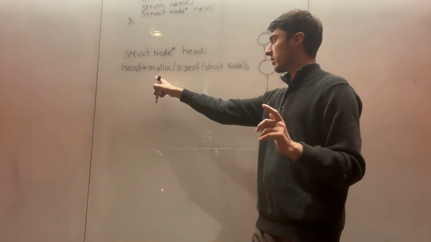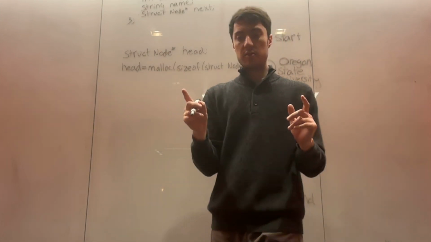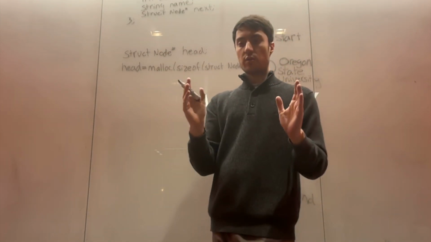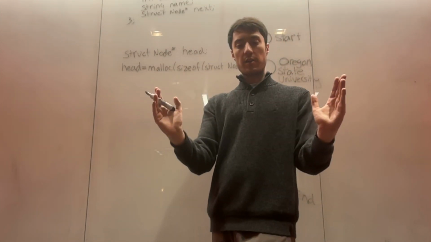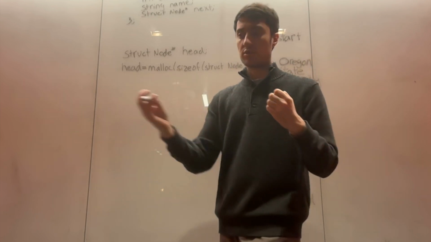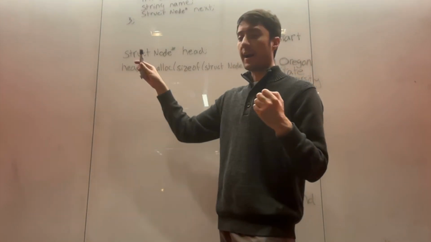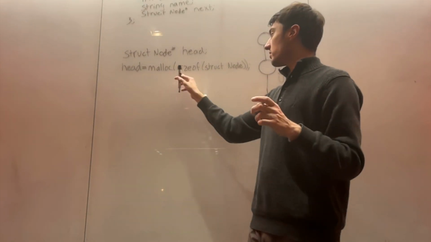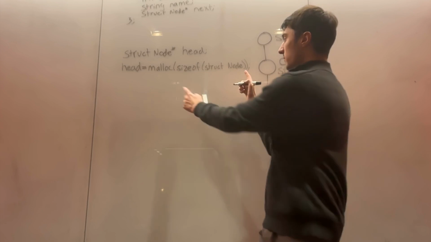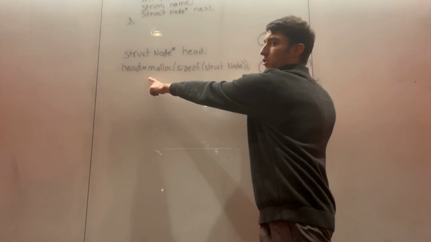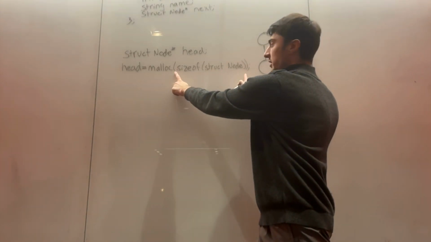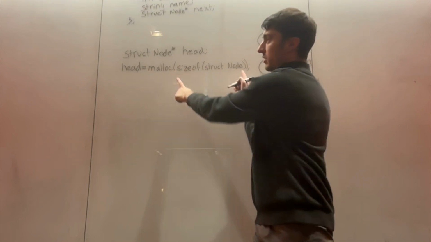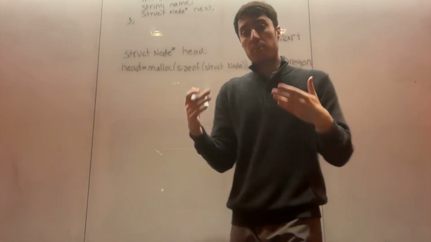That's what this malloc does. This malloc says to the computer, I want you to find some amount of memory and give it to me. So it's going to return the address at which it allocated the memory. But inside of the parentheses, malloc is a function, and it takes in a parameter, which is how much memory you need.